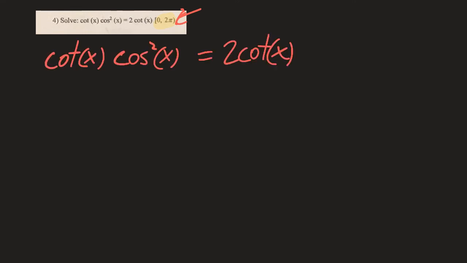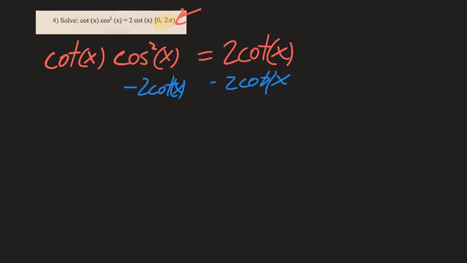This is kind of an interesting problem. We've got nothing that really matches up, nothing to combine, and I have 2 different types of trig functions. So one suggestion, why don't we go ahead and get everything onto one side? The easiest thing that comes to me is to subtract this 2 cotangent x from each side.